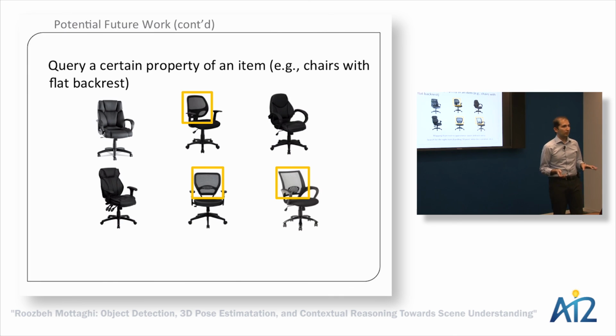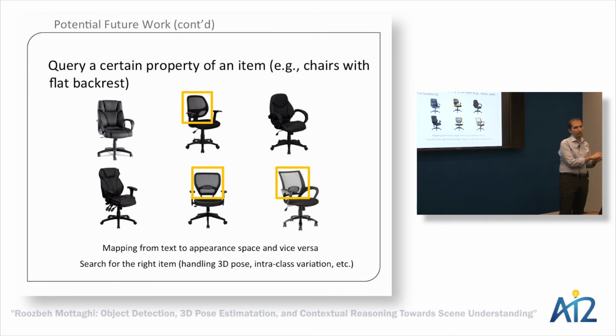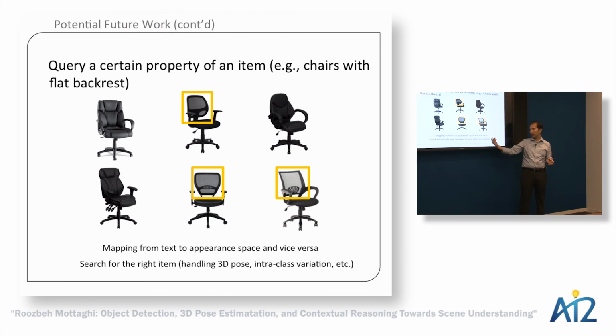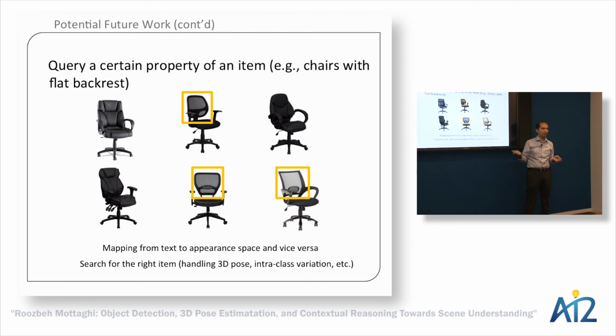We need to do some sort of mapping from the text to the image and say, this concept of flat means this. At the same time, we need to handle the 3D pose and intra-class variation and so on and so forth. So it's a difficult problem, how to go from the text space to the image space and from the image space back to the text space.